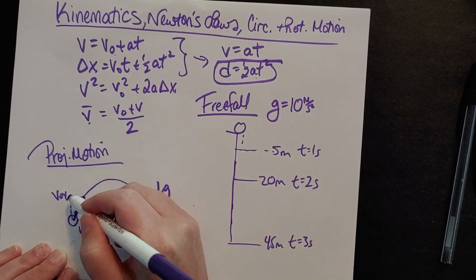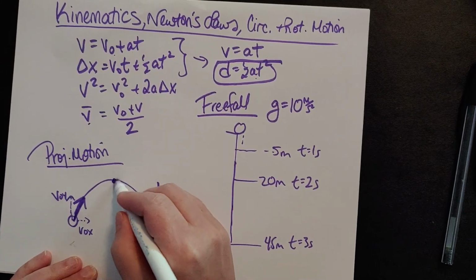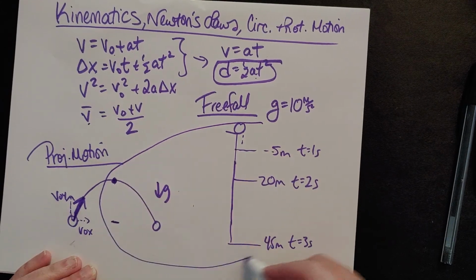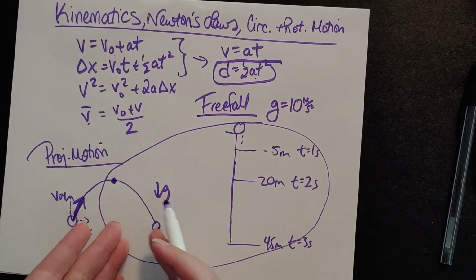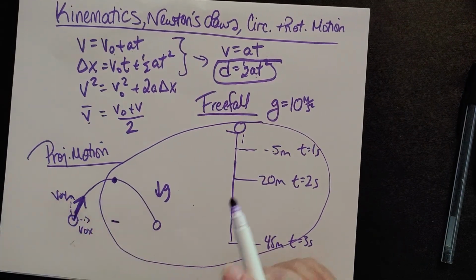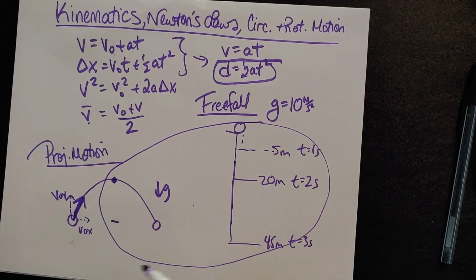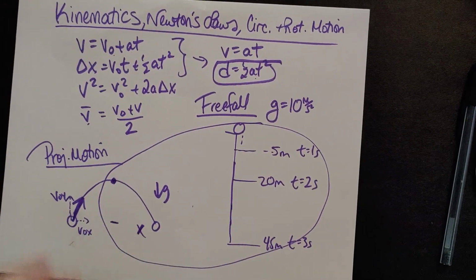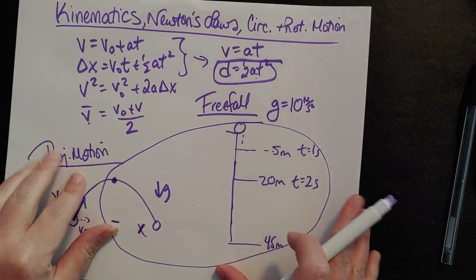Trying to think of the kinds of problems they've asked you. The time that it takes to get to the top is just this problem. Do you see that? There's a glorious symmetry with projectile motion, as long as there's no air resistance. They're not going to give you air resistance, unless they say something like, if it's air resistance, then it would land closer. But yeah, hopefully that clears something up there.